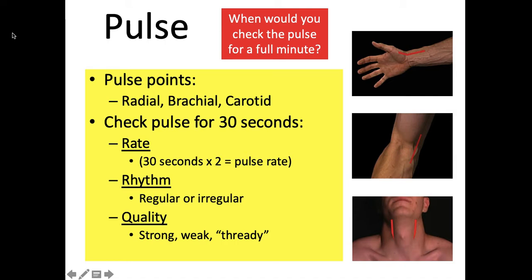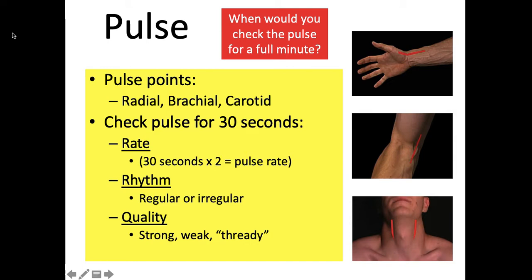If you push in too firmly, you could actually occlude the pulse, especially in older people, in the elderly population. So all you're doing is gently pushing in over the site of that pulse point until you feel a pulse. You push down, and if you feel something, then you start to count, go through your process.